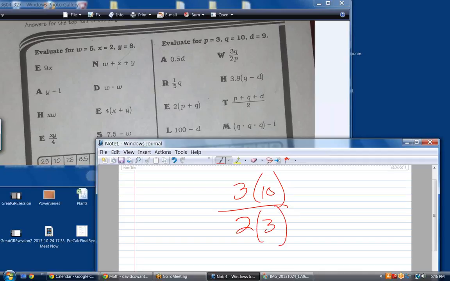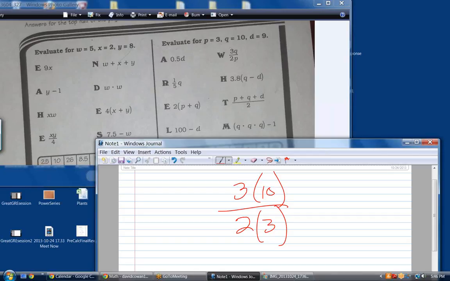it'd be. Now what can we do here to make this simpler? Do we multiply, do 3 times 10 and 2 times 3? That actually makes it harder. That would give us 30 over 6, which is equal to 5. But notice the big number, 30. We don't need a number that big. We've got a 3 in the numerator and a 3 in the denominator.